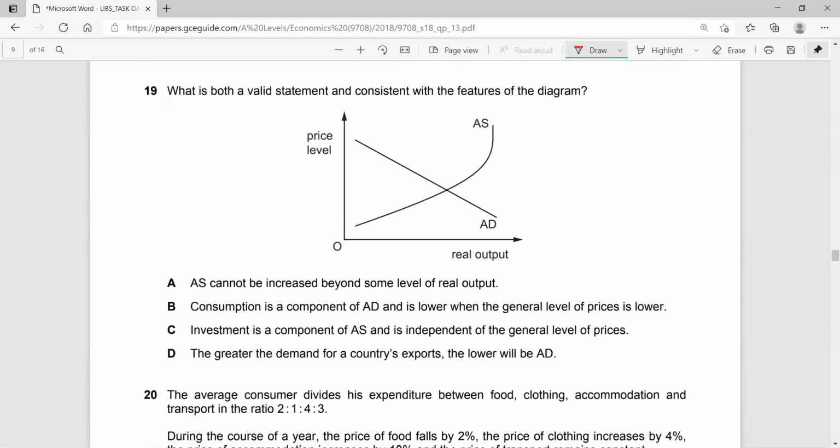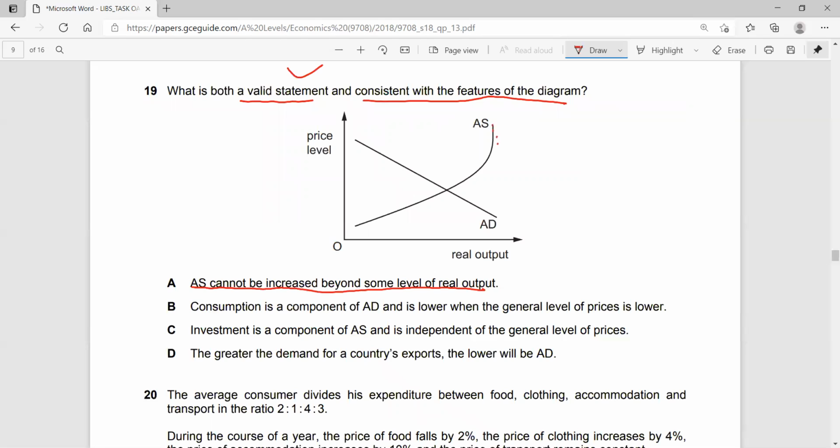Which is both a valid statement, so it has to be correct, and consistent with the features of the diagram. AS cannot be increased beyond some level of real output. Now, that is a true statement. That does happen. Beyond the level of your potential output, you can't increase supply from there because you've achieved the level of full employment. You're employing all of your resources.